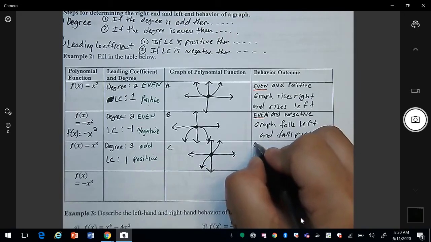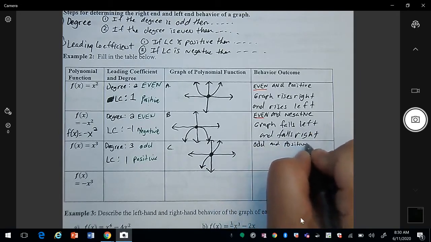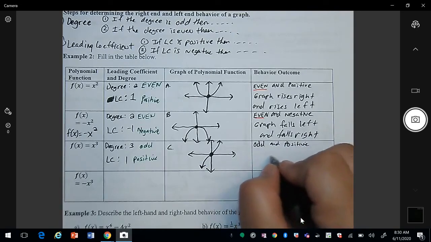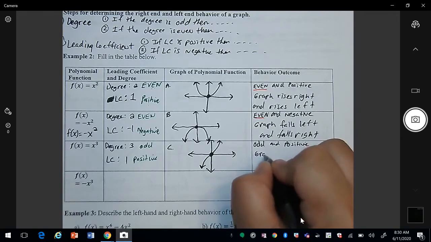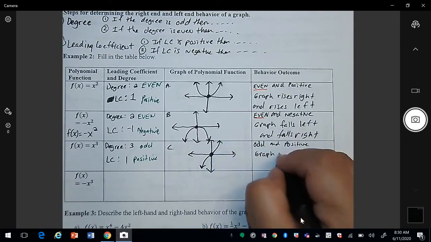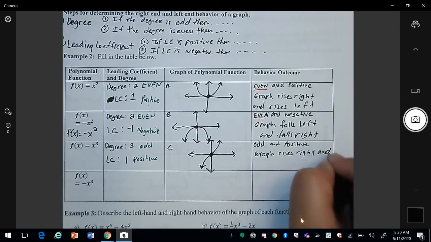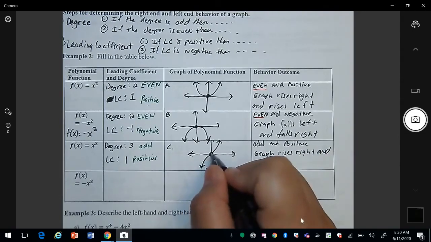So if we have an odd degree with a positive leading coefficient, then we say that to the right, you can see that it's rising. Graph rises right. And to the left, we can see the graph is falling.